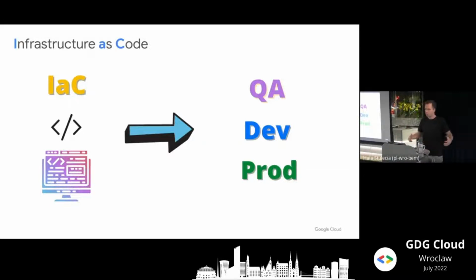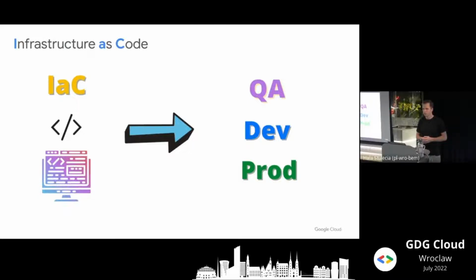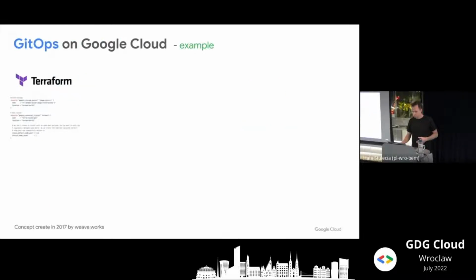And you've got many people usually administrating environments. So imagine many people keeping those files on their laptops, trying to push changes to your environment. That's a big problem. That's why some time ago, in 2017 actually, Weaveworks created the idea of GitOps.